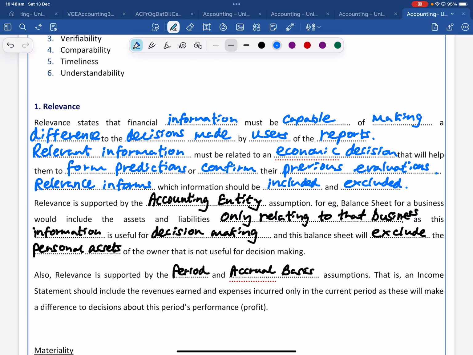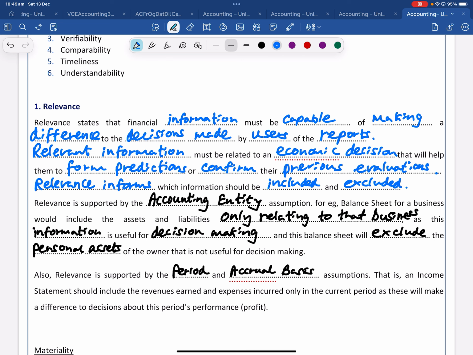Then let's say, for example, what he thought was wrong. He thought business A was good, but when we look at the reports, it's really bad. Then he can change it. So basically he can form a prediction. Then he is thinking, this is going to be bad, this is going to go bankrupt, right?